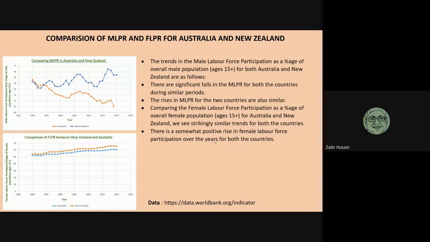But look at the axis. What is the axis? 69 to 77. So that means the huge fall is only from 75 to 70, only 5% over a period of 30 years. This is what we call lying using graphs.